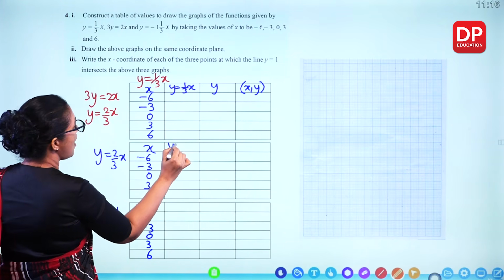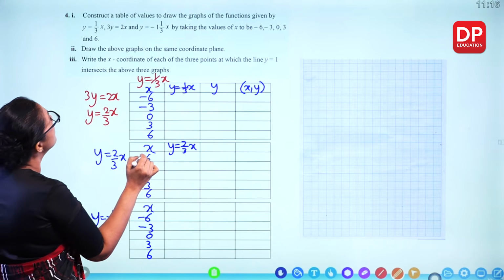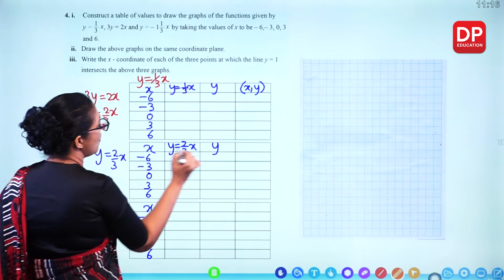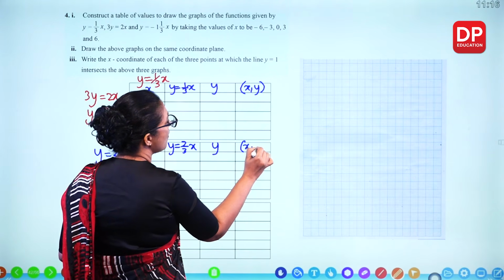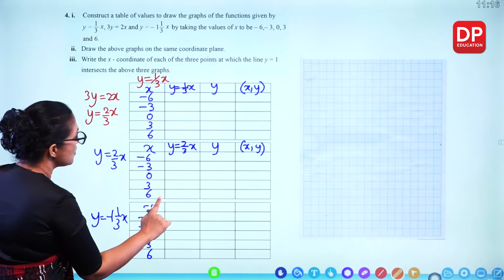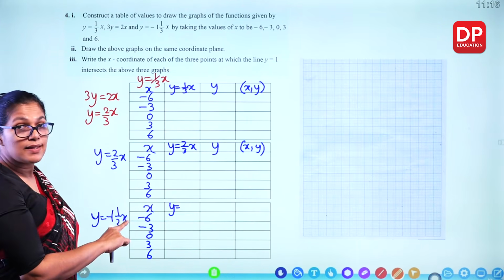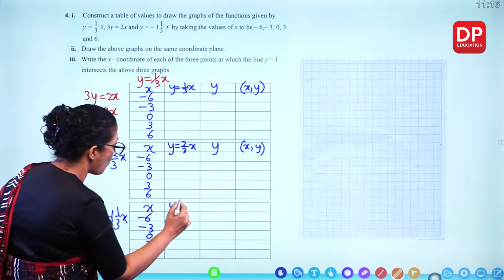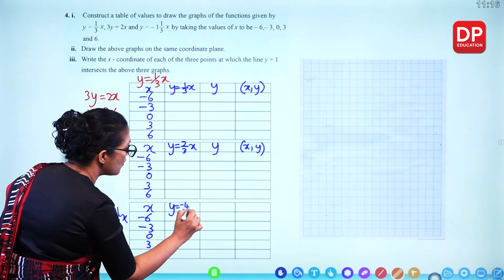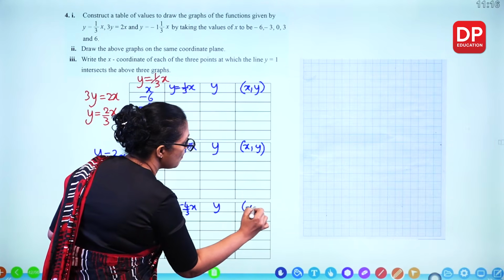Here the graph is 2/3 x, and y is that value and x comma y. In this one, we'll make it an improper fraction: 3 times 1, 3 plus 1, 4. Minus 4 over 3 x and the ordered pair.